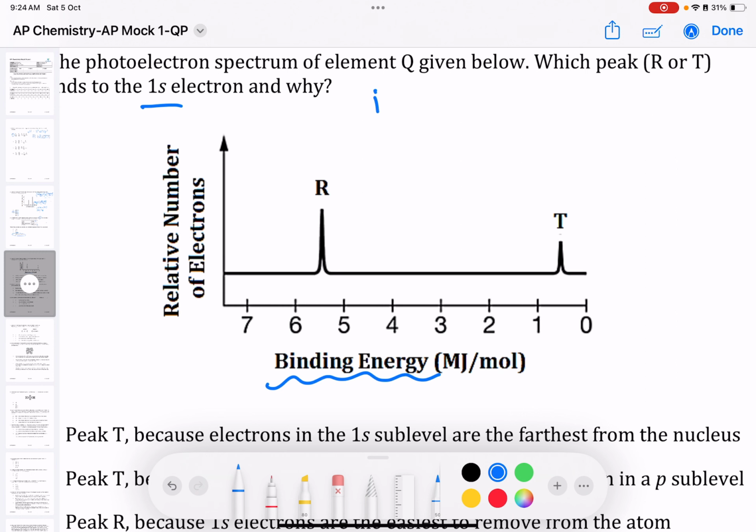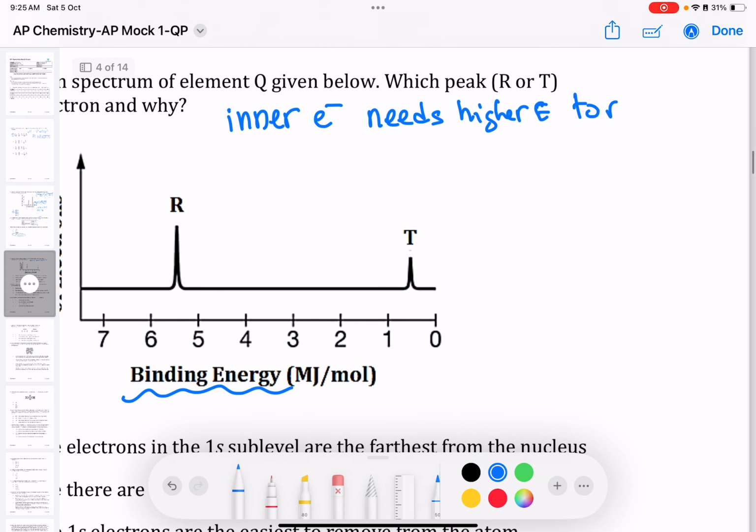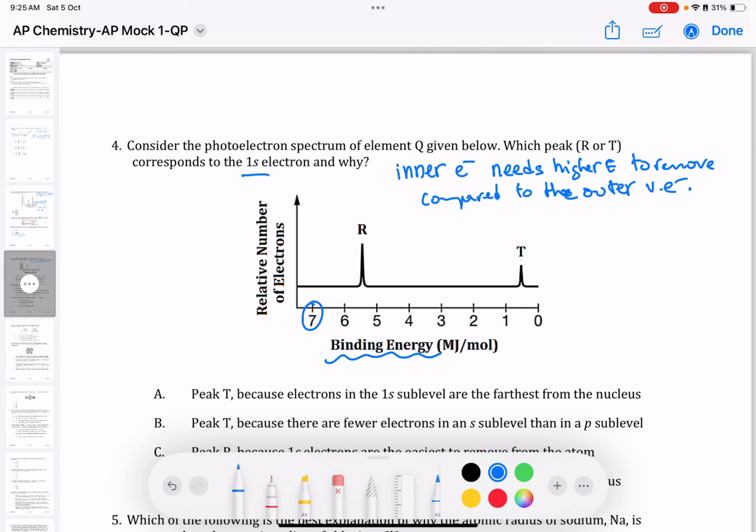Keep in mind that inner electrons need higher energy to remove them compared to the outer valence electrons. So here 7 is the highest binding energy on the graph, and here goes to 0. So this means here we start with valence and here we have inner.